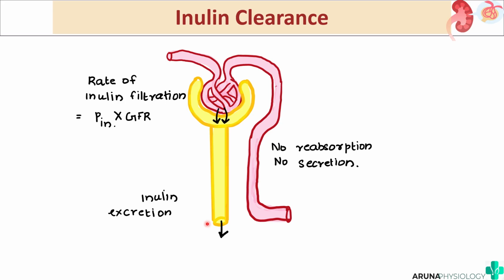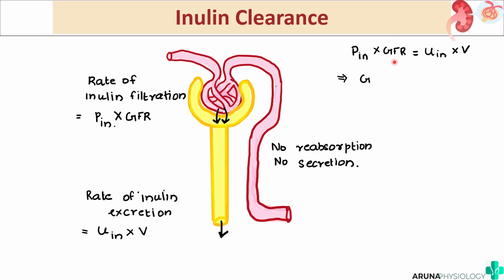So what is the rate of inulin excretion? The rate of inulin excretion would be the urine concentration of inulin times the urine flow rate. Because there is no reabsorption or secretion, whatever is filtered is going to be excreted, which means the rate of inulin filtration is equal to the rate of inulin excretion, which means plasma concentration of inulin times GFR would be equal to urine concentration of inulin times urine flow rate.